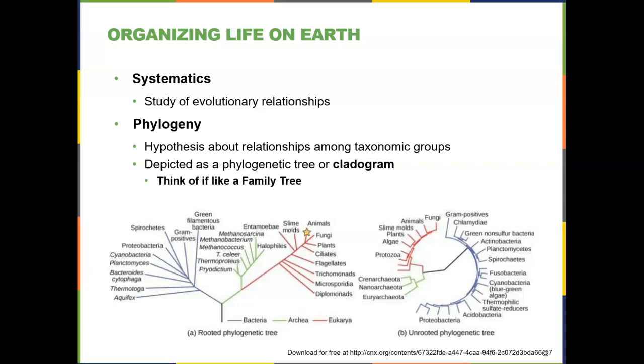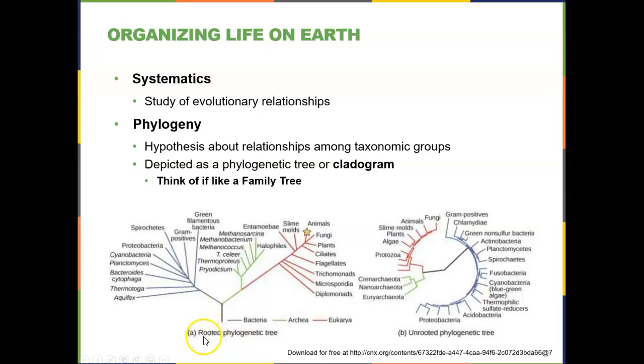So a taxa or a taxon is a group of like individuals. From this, we can make something called a phylogenetic tree or a cladogram, and we have two examples of them down here. And we can demonstrate in an image the relationships between different organisms.